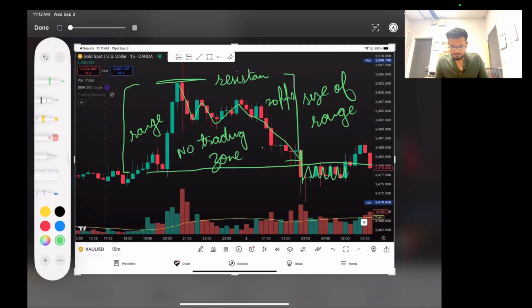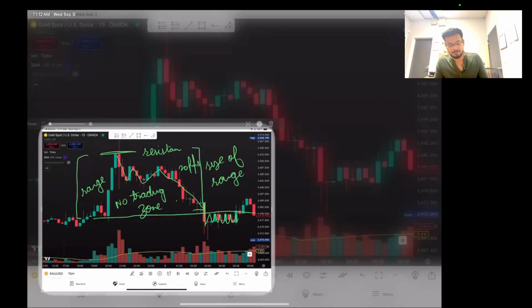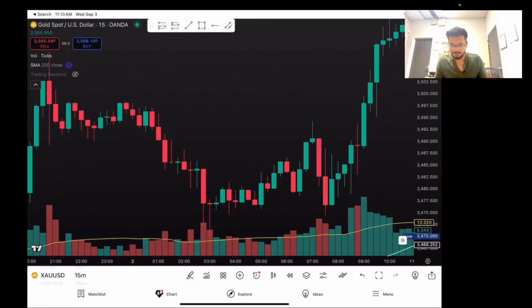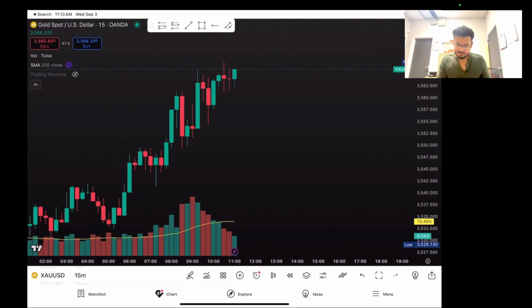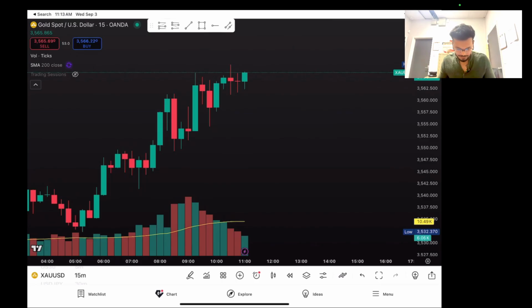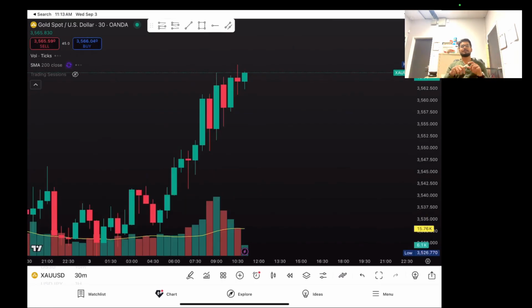Now, to understand this even further, so that you have a much better idea of this price right here, I'm in a position, but I'm only in 0.01 lot, so 1 cent lot.